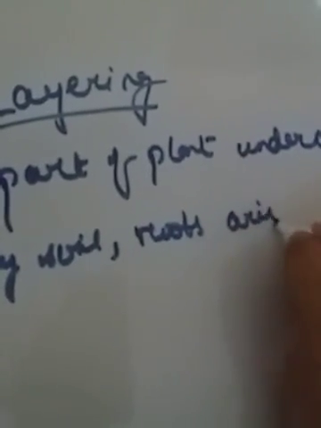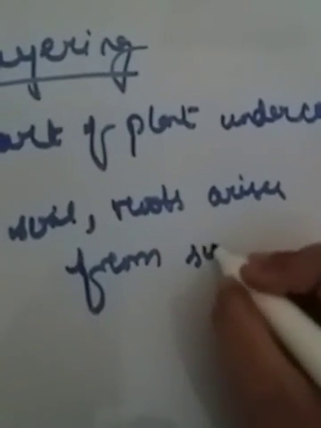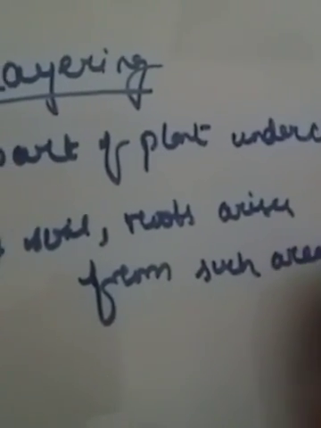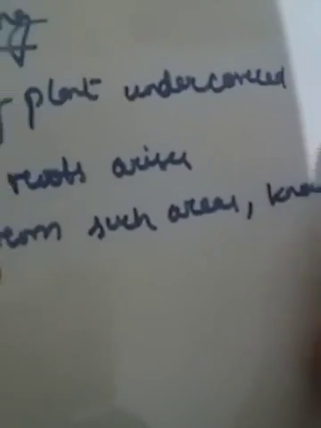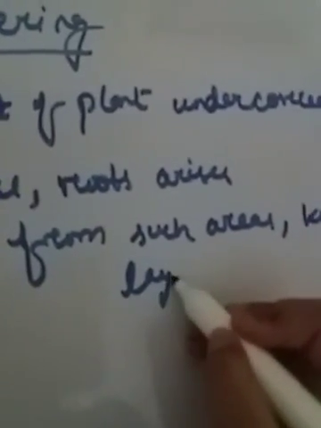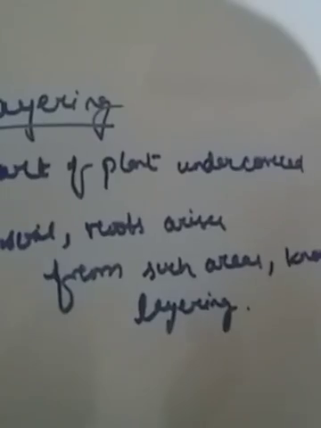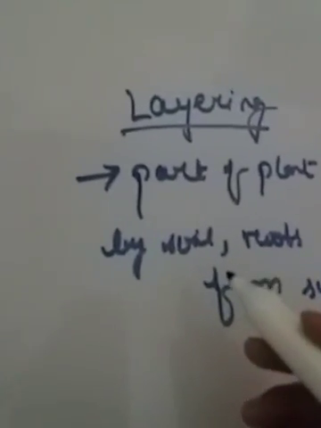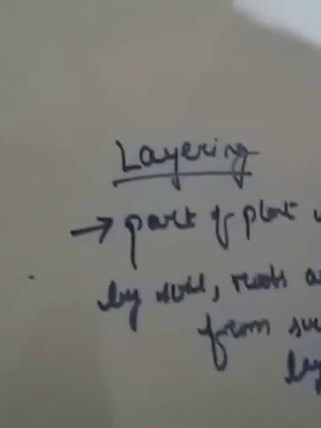Roots arise from such areas, and that is known as layering. The part of the plant which is covered by soil, from where roots arise, that is known as layering. It also has types within it.